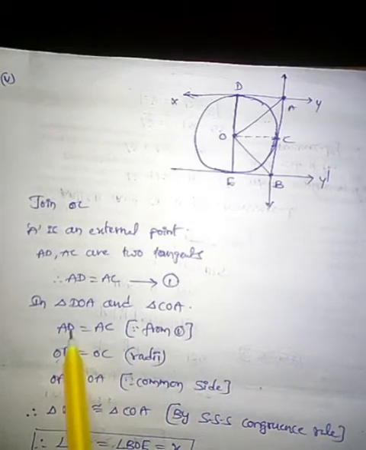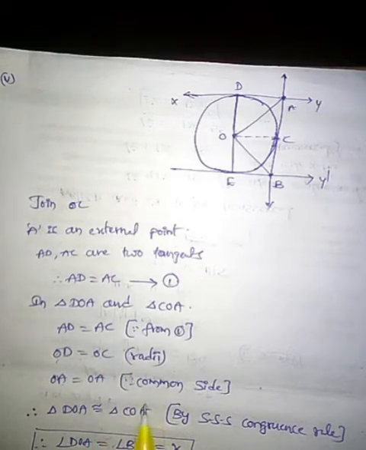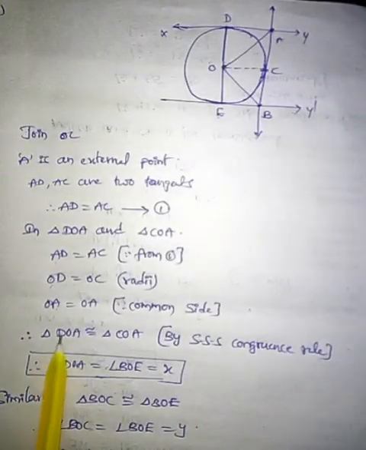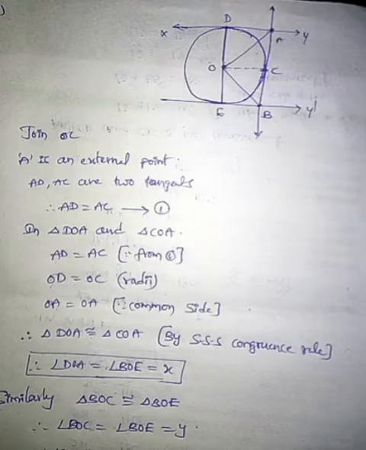That's why by the SSS congruence rule, triangle DOA is congruent to triangle COA. And you know that if two triangles are congruent, then the corresponding parts are always equal, meaning corresponding sides are equal and corresponding angles are equal.